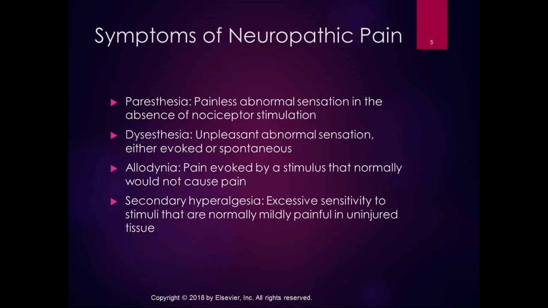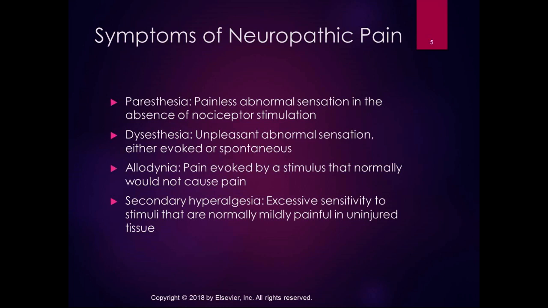So the symptoms of neuropathic pain are as follows, and I want you to know these definitions. A paresthesia is a painless, abnormal sensation in the absence of nociceptor stimulation. So a lot of times people describe paresthesia as something, it just feels weird. It feels wrong. It feels numb. It feels tingly. It's not necessarily a pain.